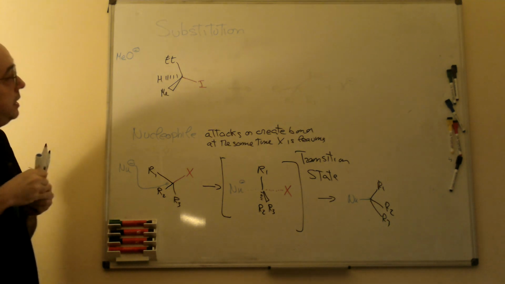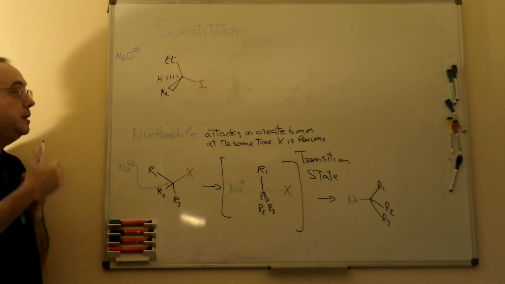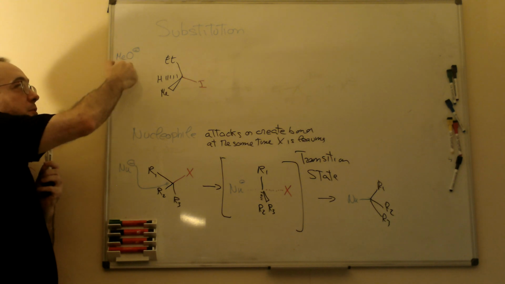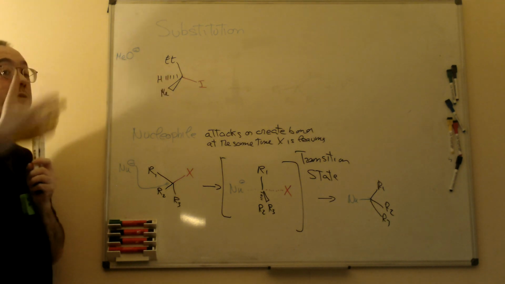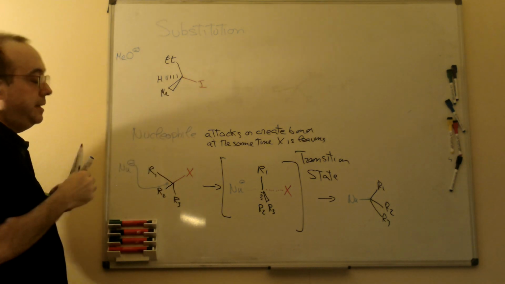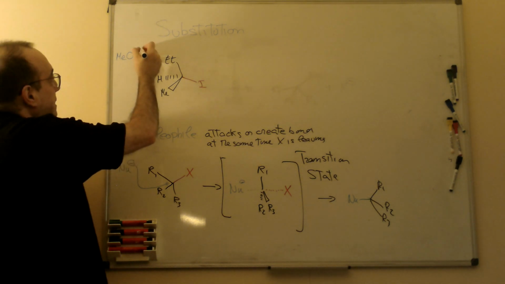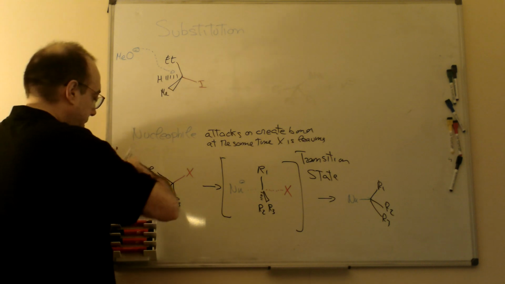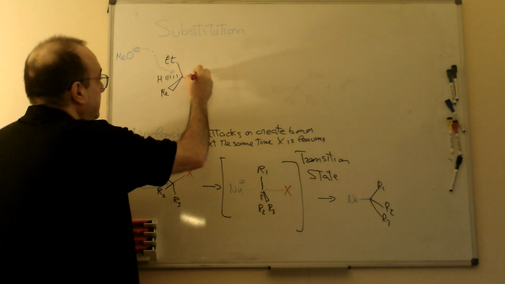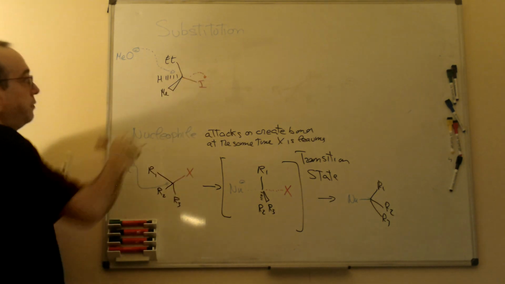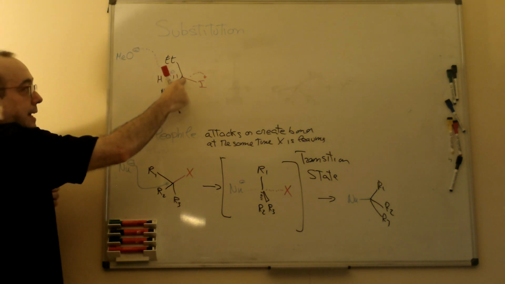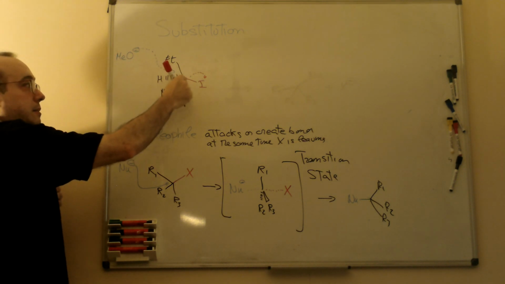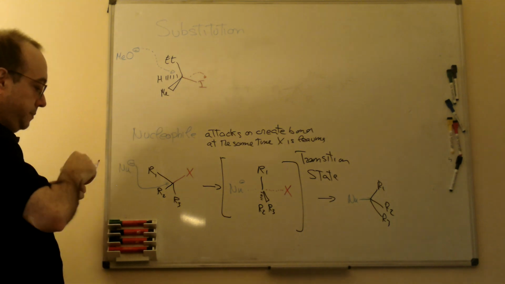What is happening? Well, if the substitution takes place, the bond is forming at the same time that the leaving group is departing. We are forming this bond between the methoxide and the carbon at the same time that we are breaking this bond.